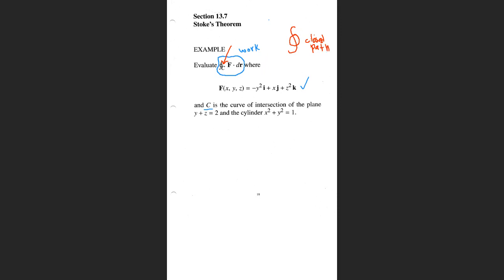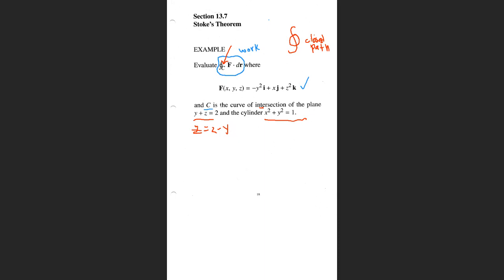Our curve C is closed because it's the curve of intersection of the plane y plus z equals 2 and the cylinder x squared plus y squared equals 1. So if you take a vertical cylinder with radius 1 and you cut it with this plane, which we can think of as z equals 2 minus y, just think of taking a plane, and it cuts through the cylinder.